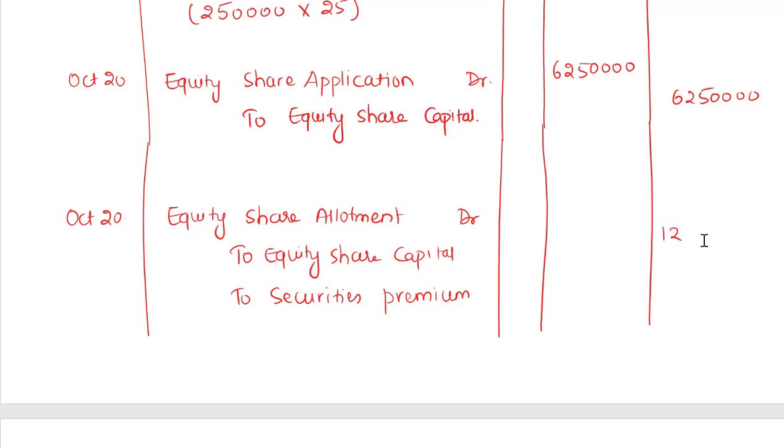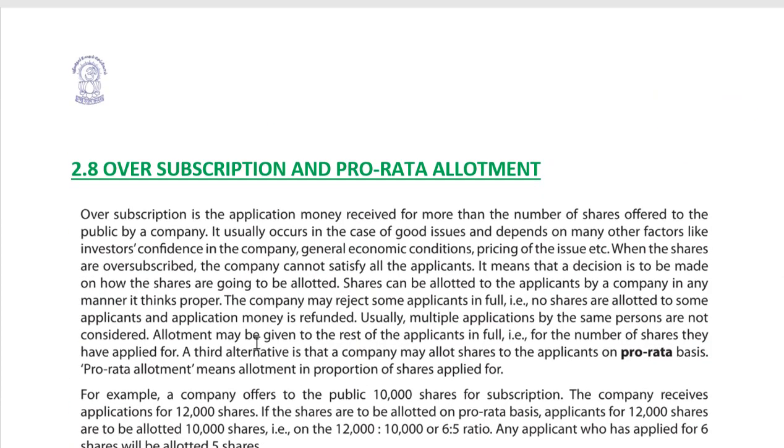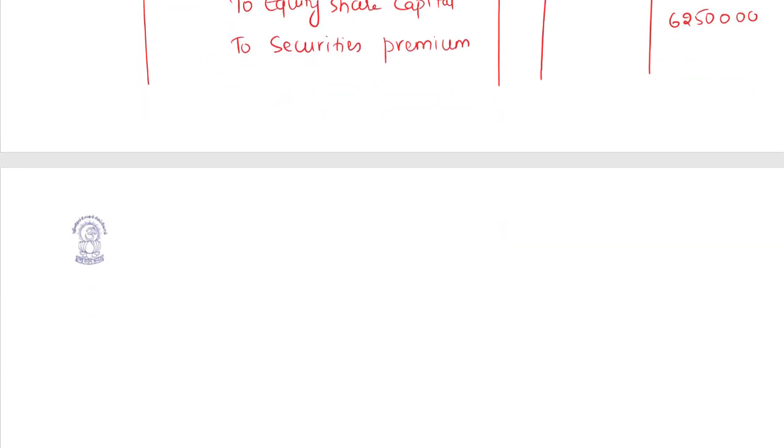To equity share capital, 2,50,000 multiplied by 50, and to securities premium, 2,50,000 multiplied by 25. Let us move ahead.